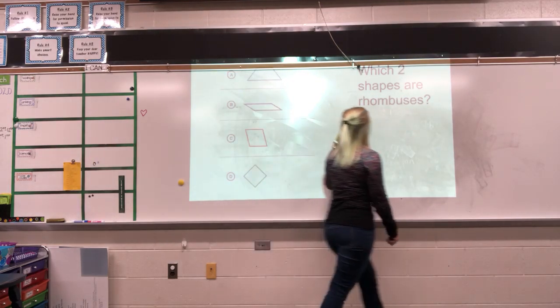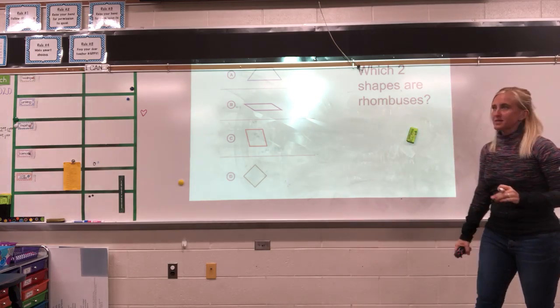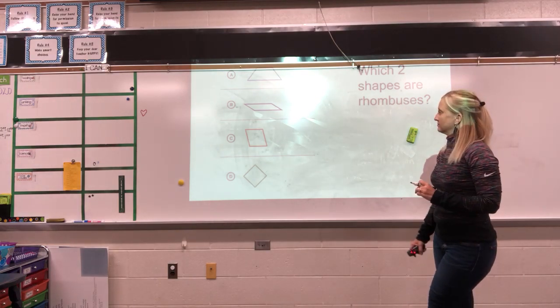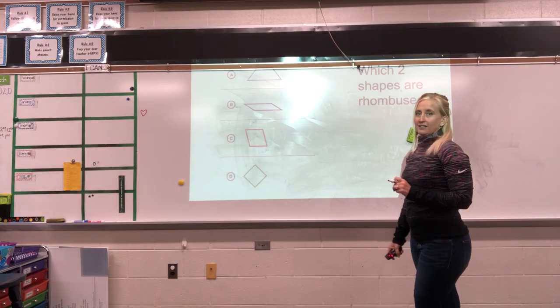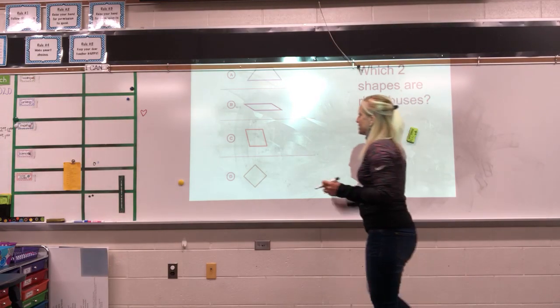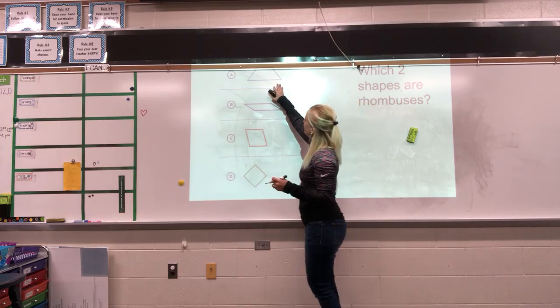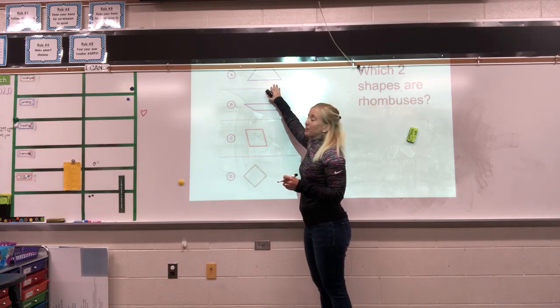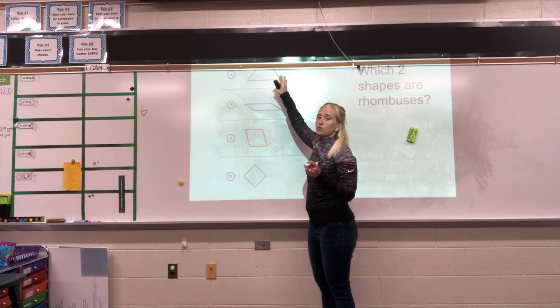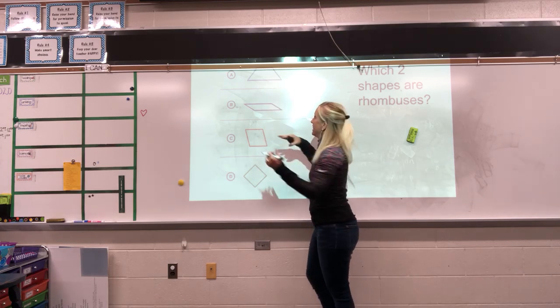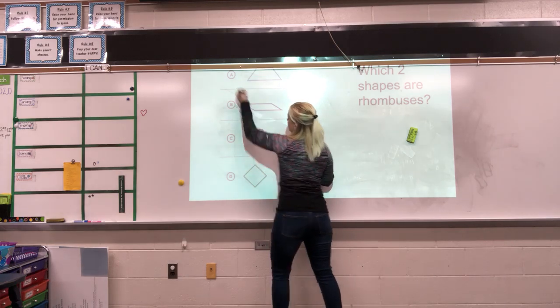Okay, four more shapes. Which two are rhombuses? Okay, so looking at this one, this shape up here is not even a parallelogram. This is a trapezoid. So it cannot be a rhombus because a rhombus has two sets of parallel sides, and this only has one set of parallel sides.